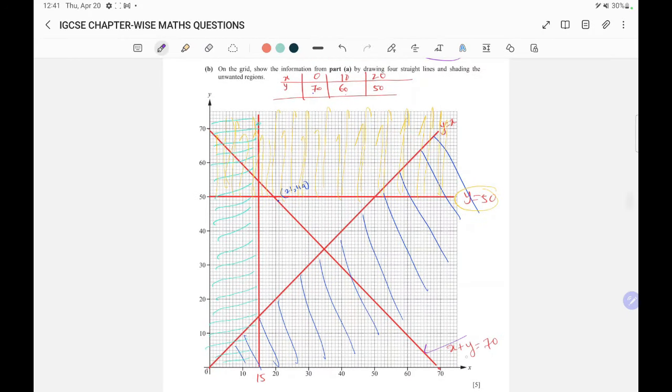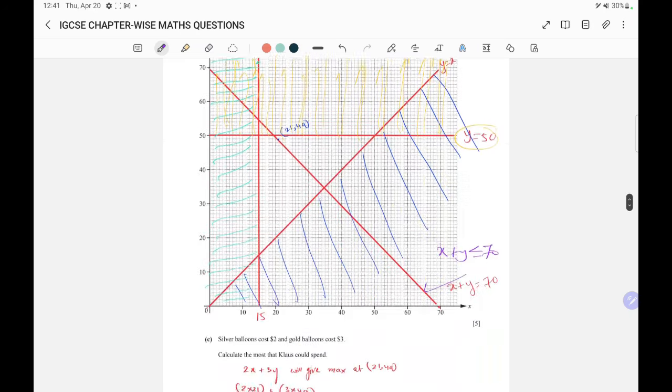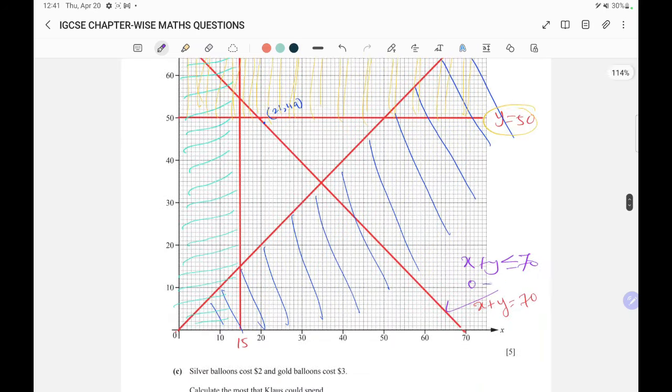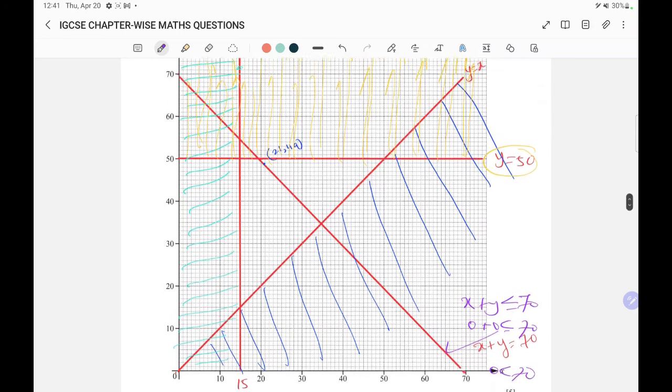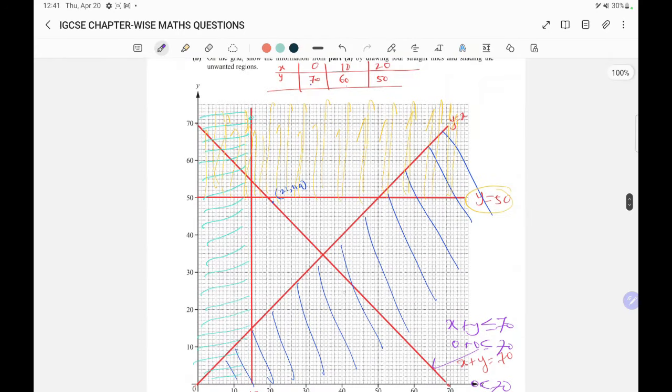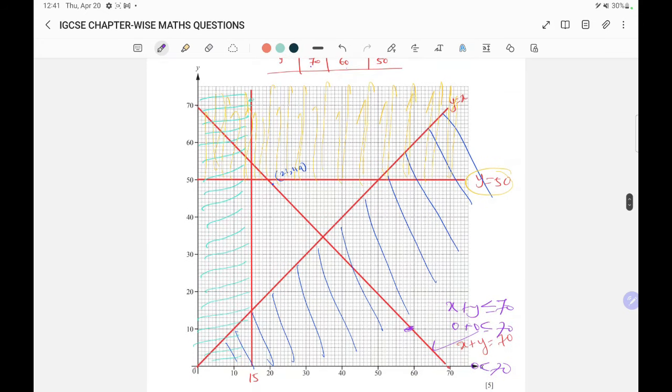This one, you can check. X plus y equals 70. But I have to shade x plus y less than or equal to 70, right? So put 0, 0 here. 0 plus 0 is less than 70. It means any point either above this line or below this line. So I selected a point below this line, 0, 0.